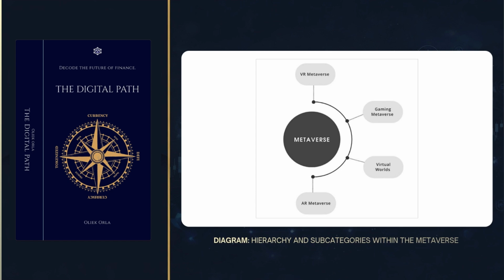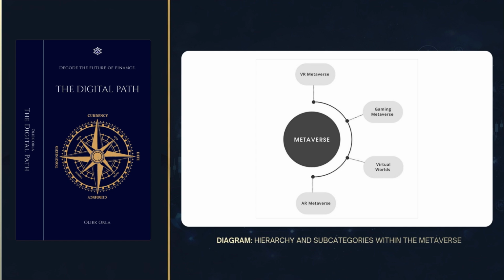However, the Web3 Metaverse is not just science fiction, it's an emerging technological frontier already taking shape through blockchain, NFTs, and community-driven platforms. Its defining feature is true ownership. Users don't just interact with digital objects, they actually own them, from virtual land and avatars to in-game items and unique identities.